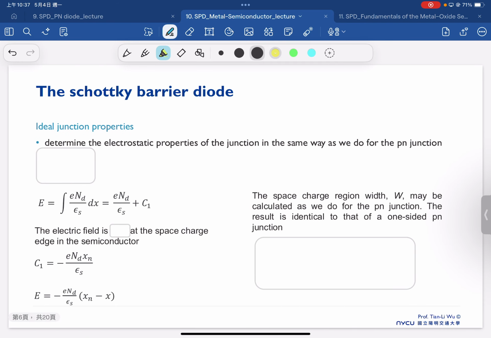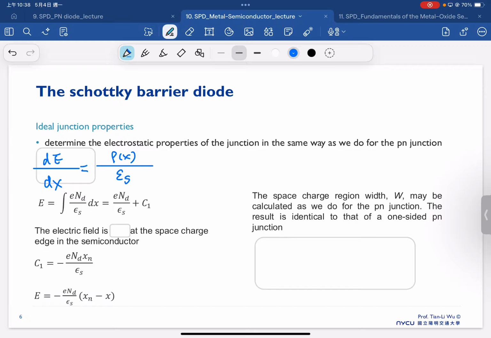So now we will go back to the same analysis that we did for the PN diode. We'll analyze these junction properties in the same way we do for the PN junction. We start from this typical equation, which is dE over dx equal to rho(x) over epsilon_s.